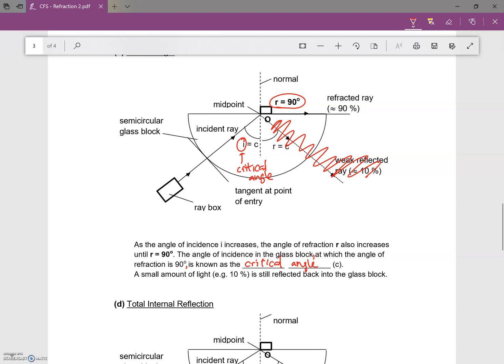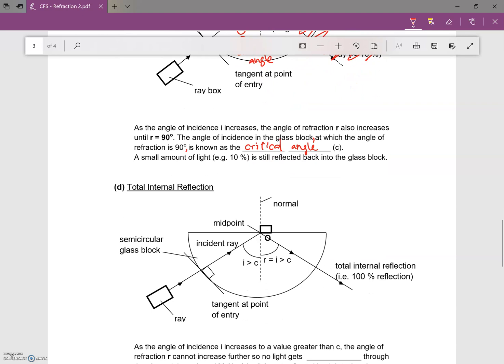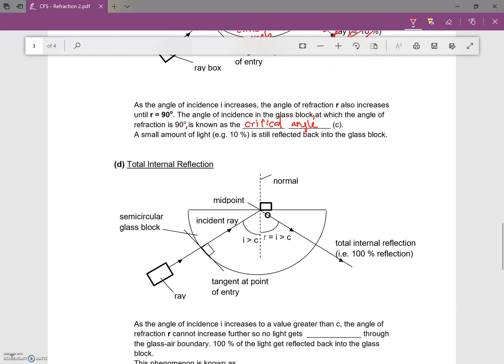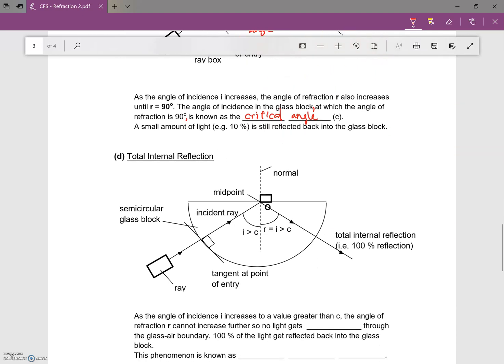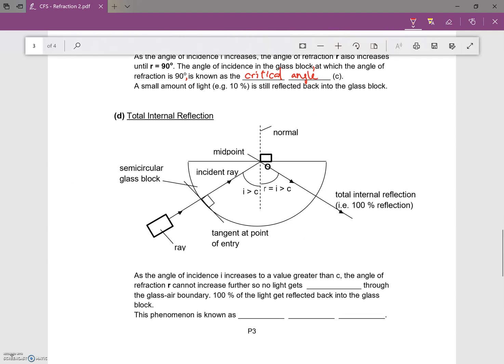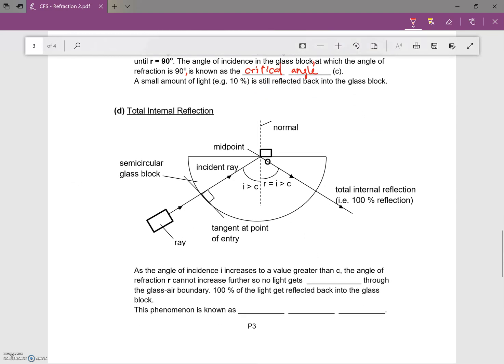Instead, the light doesn't go out, it gets reflected. Okay, when I increase the angle of incidence greater than the critical angle, when it goes beyond this specific number, the light ray doesn't go out anymore. The light ray actually gets reflected back into the medium. We term this as total internal reflection.